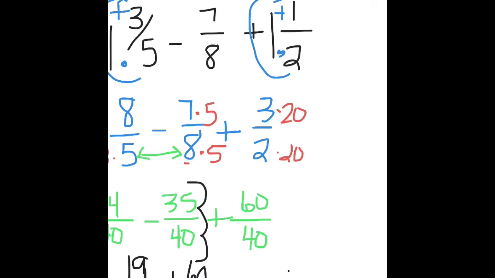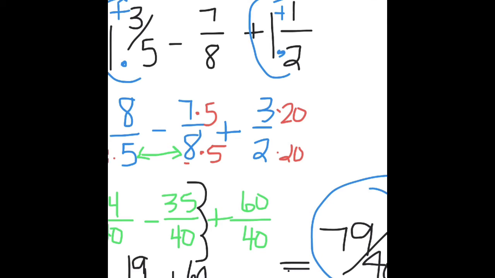So 19 plus 60 is 79/40. And you could, again, write it as a mixed number, which would be 1 and 39/40. Either one of these are correct.